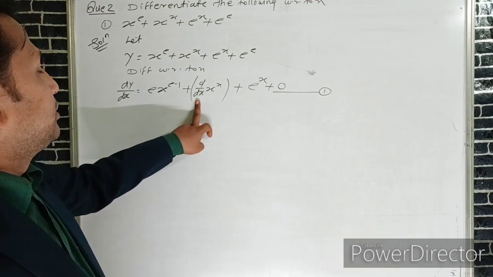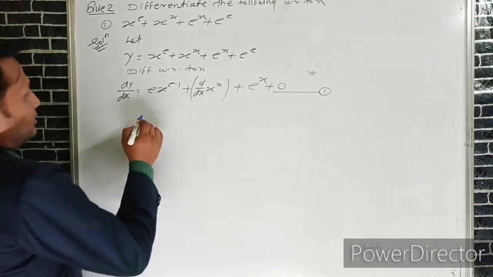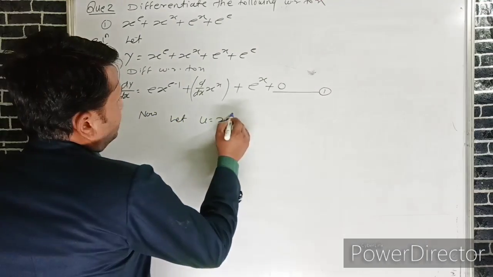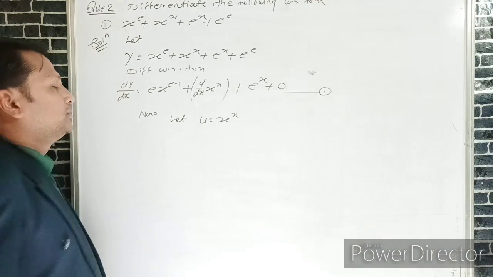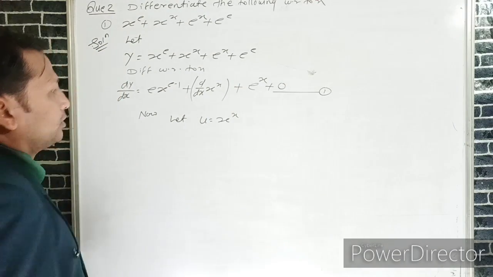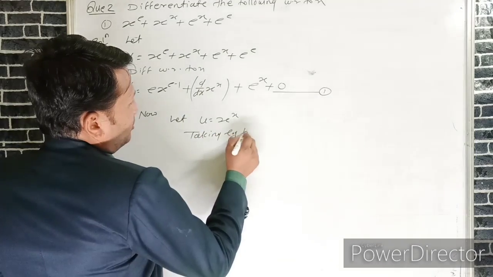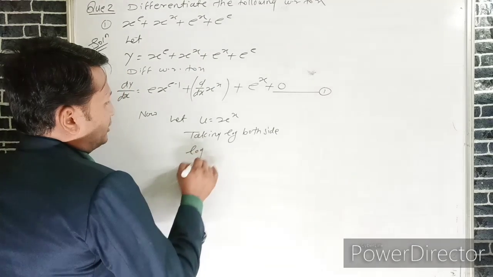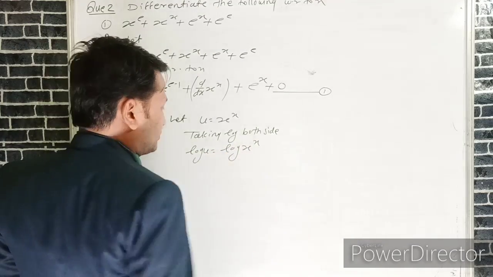Now we have to find the derivative of x raised to the power x. First we consider u is equal to x raised to the power x. To find the derivative of this function, first we take log both sides. Then we can write log u is equal to log of x raised to the power x.